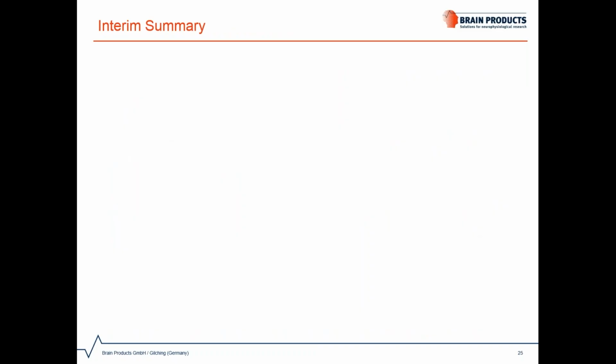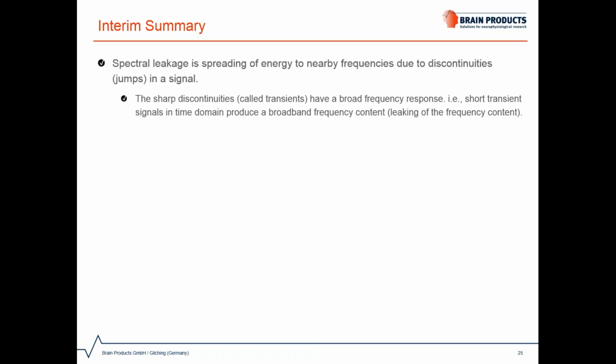Let me now summarize the whole story about spectral leakage. Spectral leakage is the phenomenon where the energy of the signal is spread across adjacent frequency bands due to sharp discontinuities at the borders, because sharp transients in time domain result in a broadband frequency content.